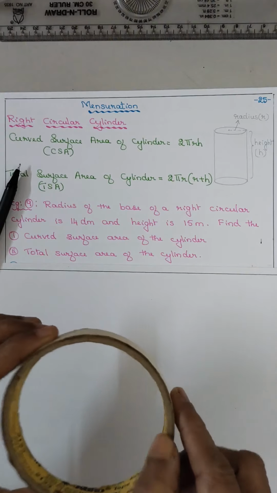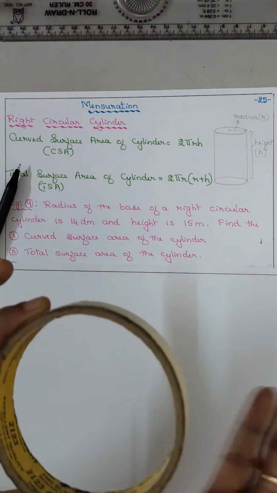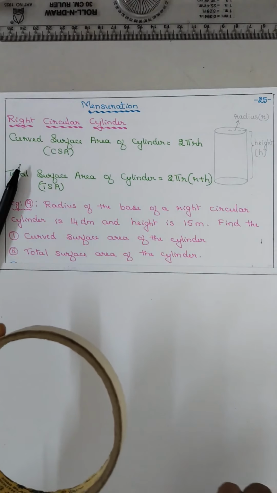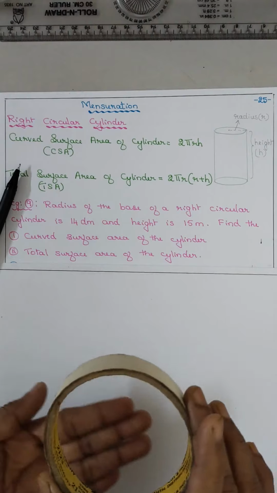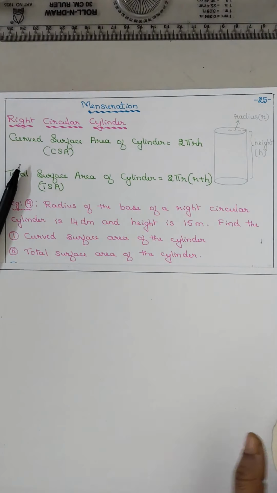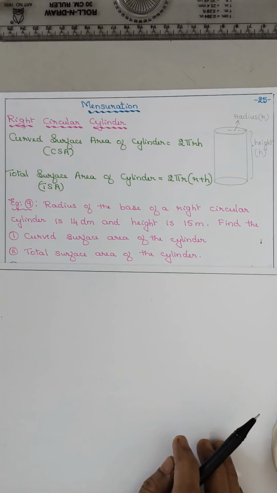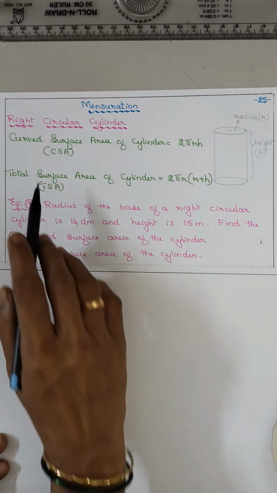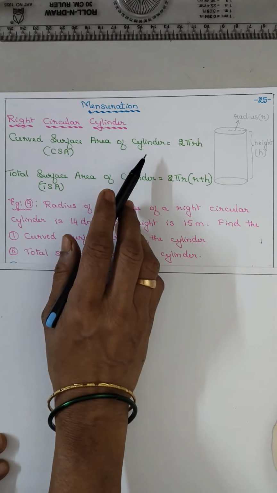The total surface area means the side along with the top and the bottom, the area of both the circles together. Then it is called the total surface area. Hope you understood. So lateral surface area is the curved surface area of the cylinder.